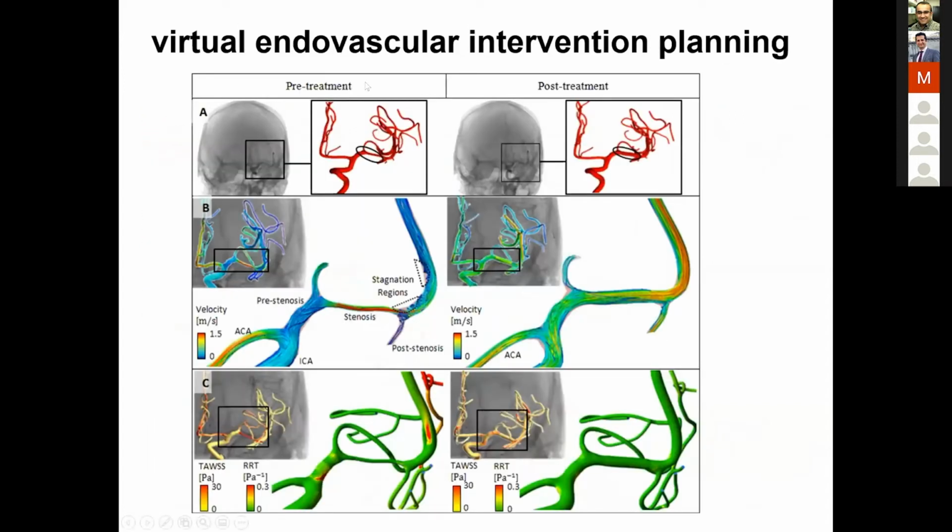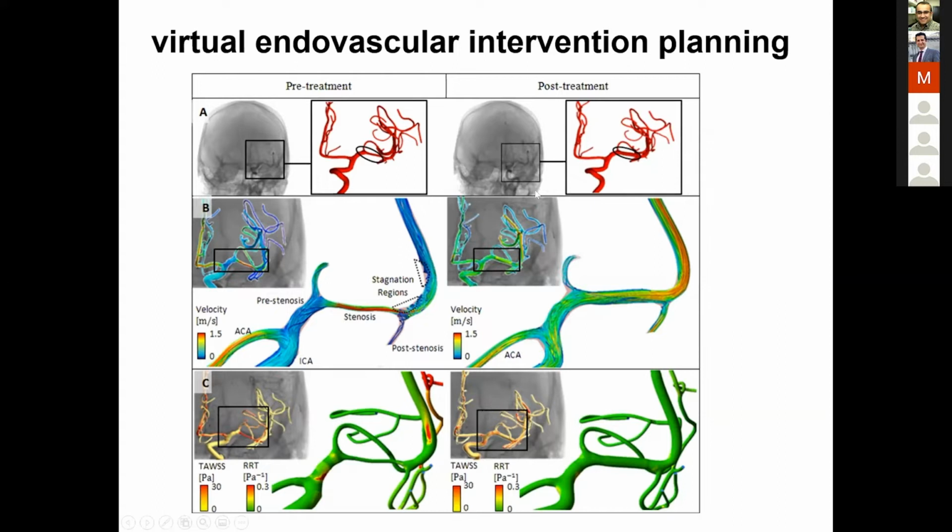Here, for instance, is an example of such a virtual endovascular intervention. So there's a stenosed vessel, which means that the blood flow is reduced due to the reduction of the diameter. The common treatment includes putting in a stent that widens that vessel and then restores blood flow and also conditions on the arterial walls that may lead to problems.